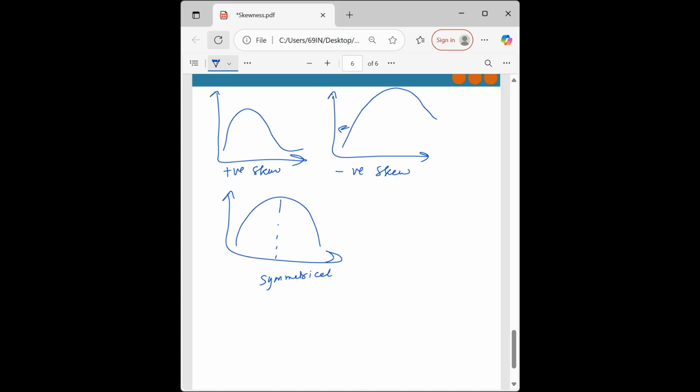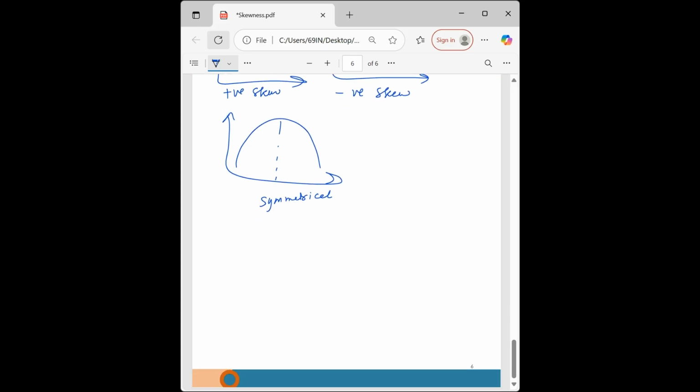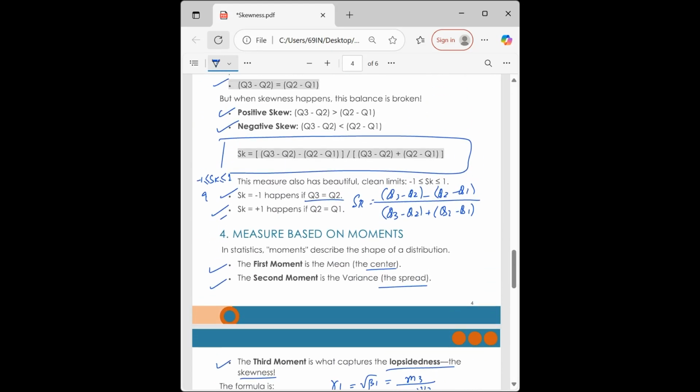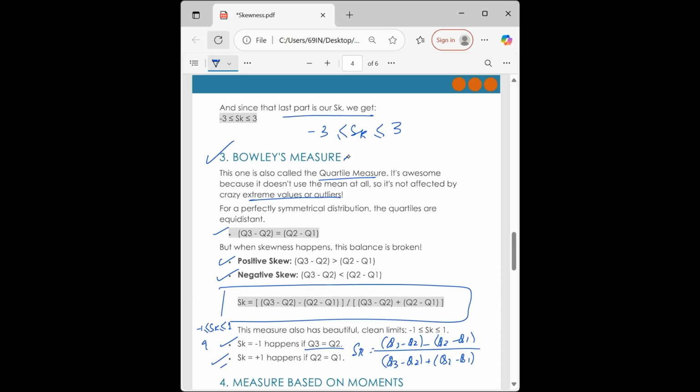Now for Bowley's measure, you can understand it like this. See, in Bowley's measure, let me come to this part. Yes, this one. For the graph, you can understand it like this. This part is, let's say, Q1. Let's say this one is Q2. This one is Q3.